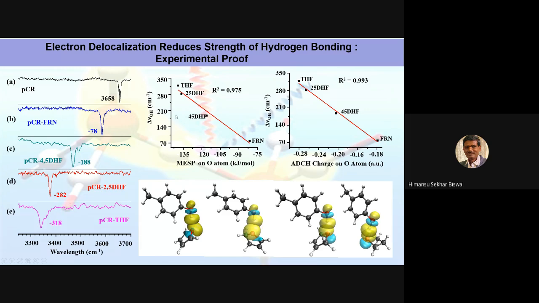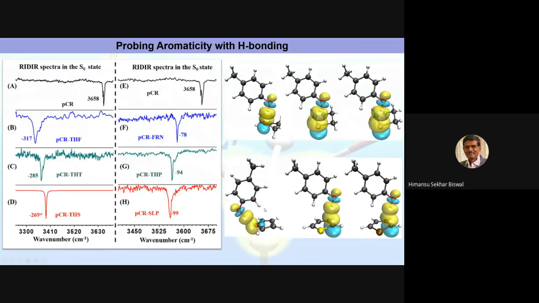It's very nicely correlated, looking at the charge and molecular electrostatic potential. Very nice correlation. That gives us confidence to use IR spectroscopy to tell whether delocalization is happening or not.